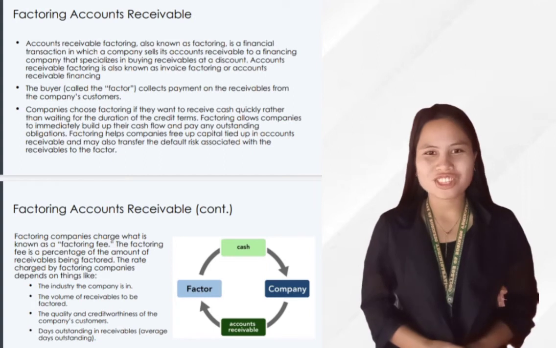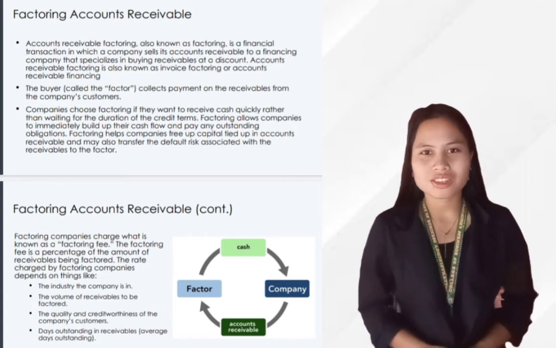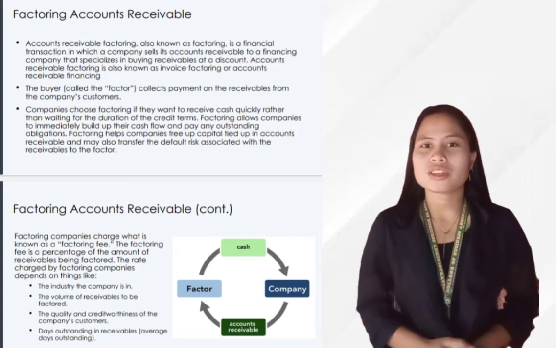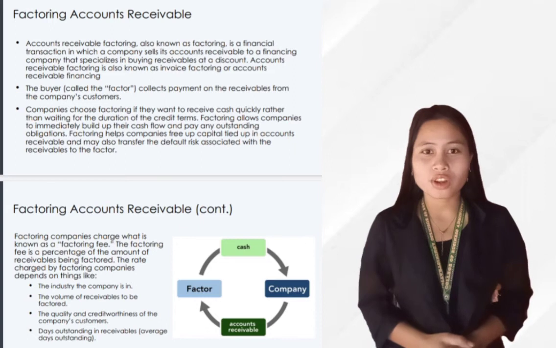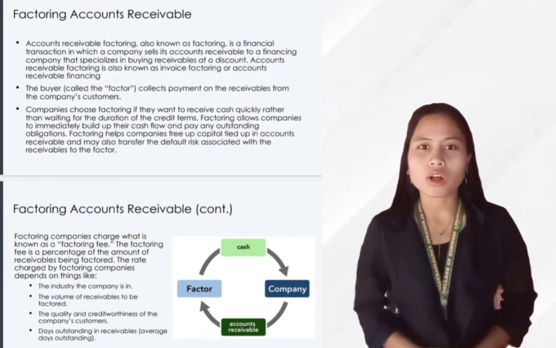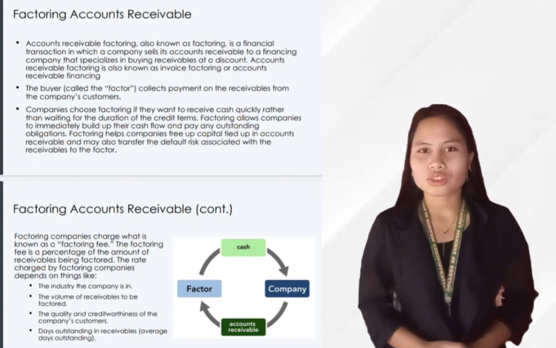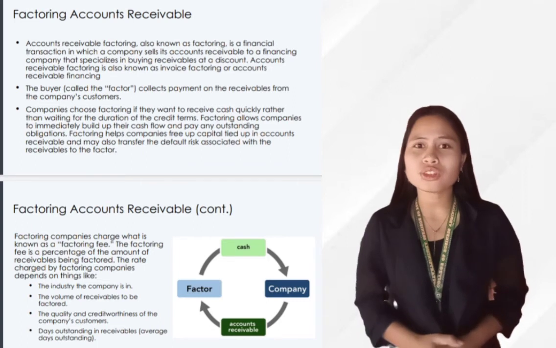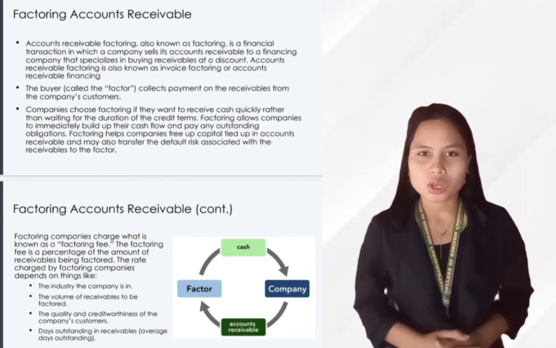When you say invoice factoring, it is a way for a business to fund cash flow by selling their invoices to a third party. Best used when a business needs cash to fund inventory purchase or payroll, by factoring accounts receivable. The buyer is called the factor. So, ang buyer is gitawag siyang factor. So, the factor collects payment on the receivable from the company's customer.